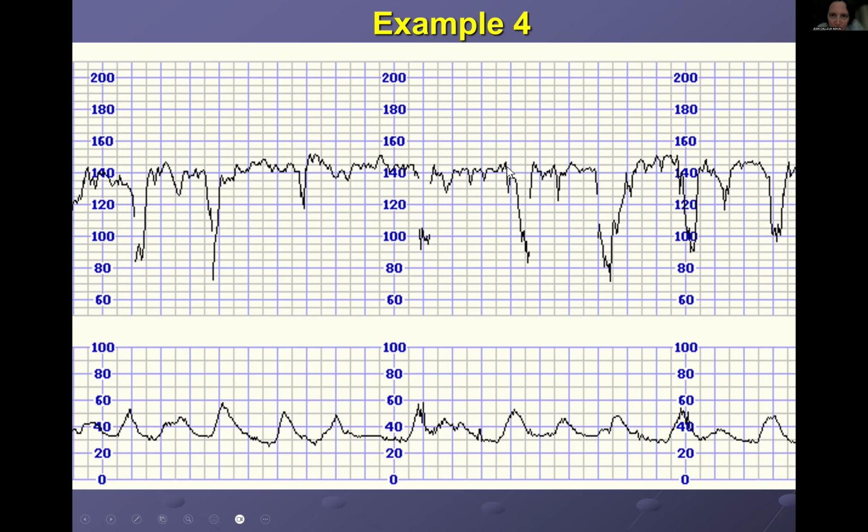Even here, for example, you can't call these accelerations because this is actually another case of variable decelerations. And they're variable. So for example, here, this has a late component, because the contraction here has ended, and the peak of the contraction is before the trough of the deceleration.